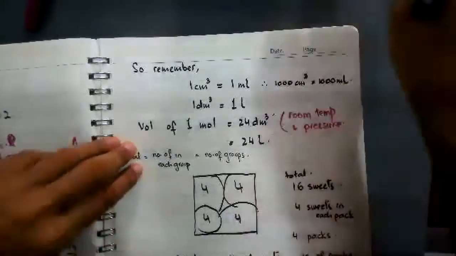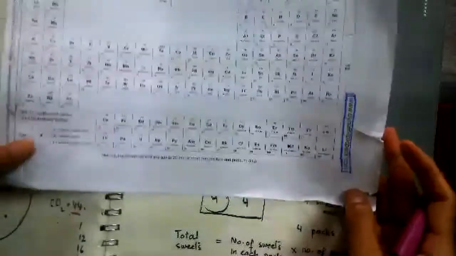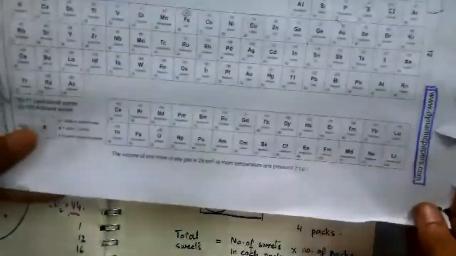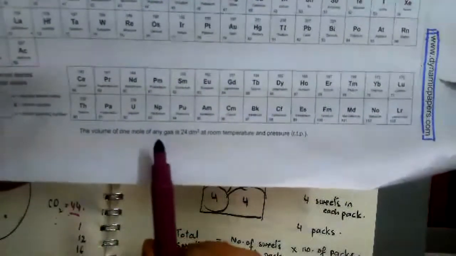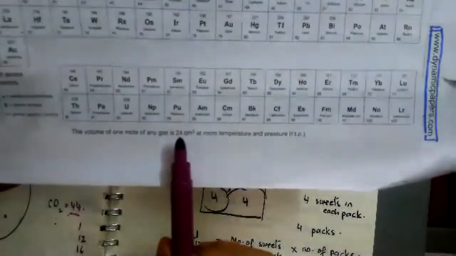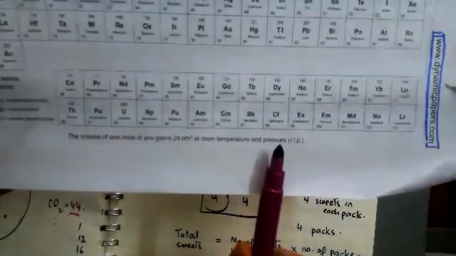If you look at the periodic table that you get in your IGCSE exam, there's this statement written at the bottom: the volume of 1 mole of any gas is 24 dm cube at room temperature and pressure.